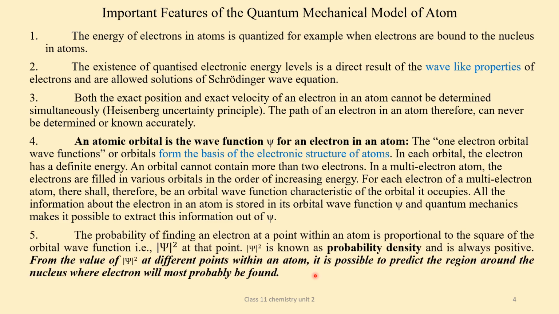Next point is about psi square. It states that the probability of finding an electron at a point within an atom is proportional to the square of the orbital wave function, that is, psi square at that point. Psi square is known as probability density.